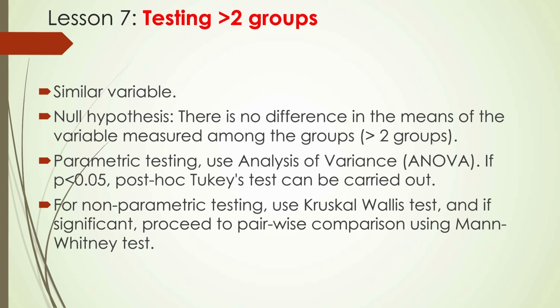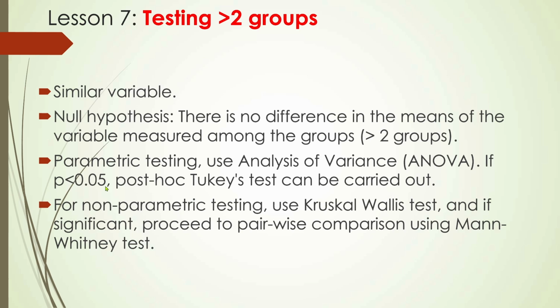We have looked at comparative statistics for one group and two groups. For today's lesson, we will be looking at how to test the means for more than two groups. If your data fits normal distribution, choose parametric testing, for example, analysis of variance or ANOVA. The null hypothesis that you are testing is that there is no difference in the means of the variable measured among the groups.